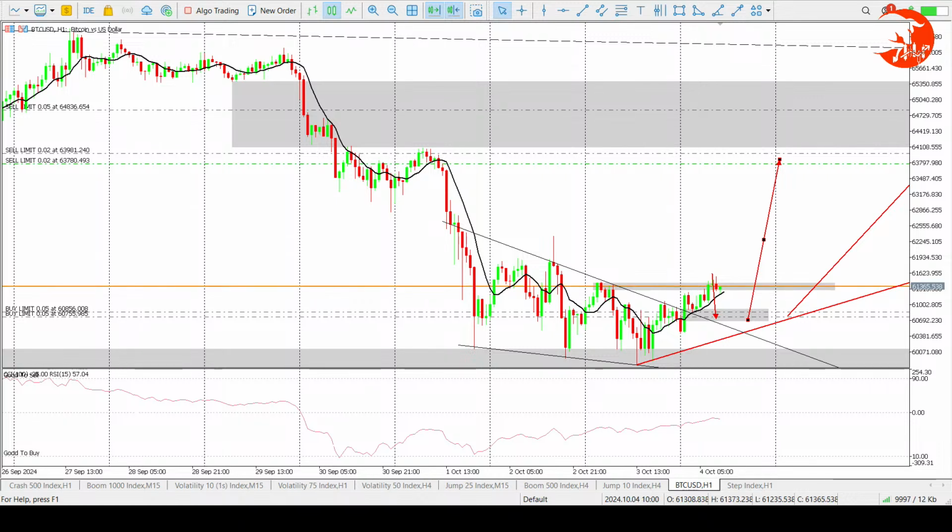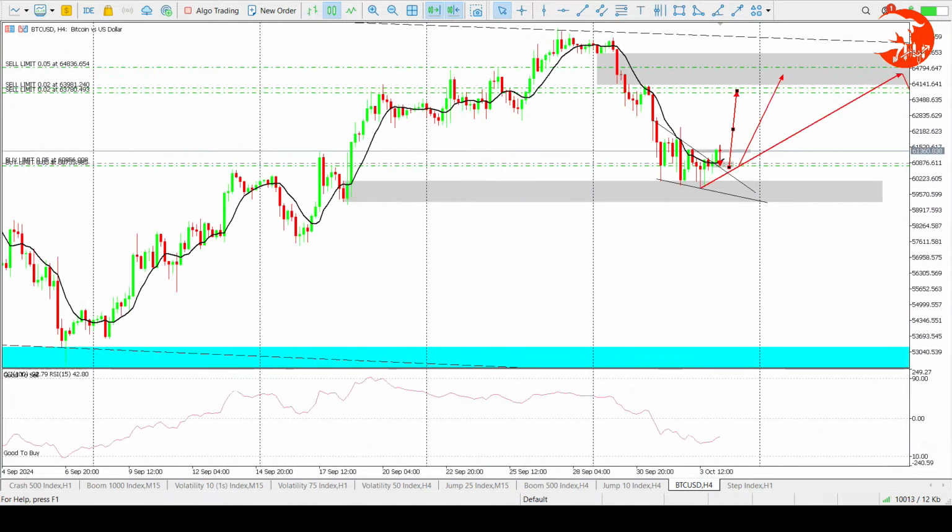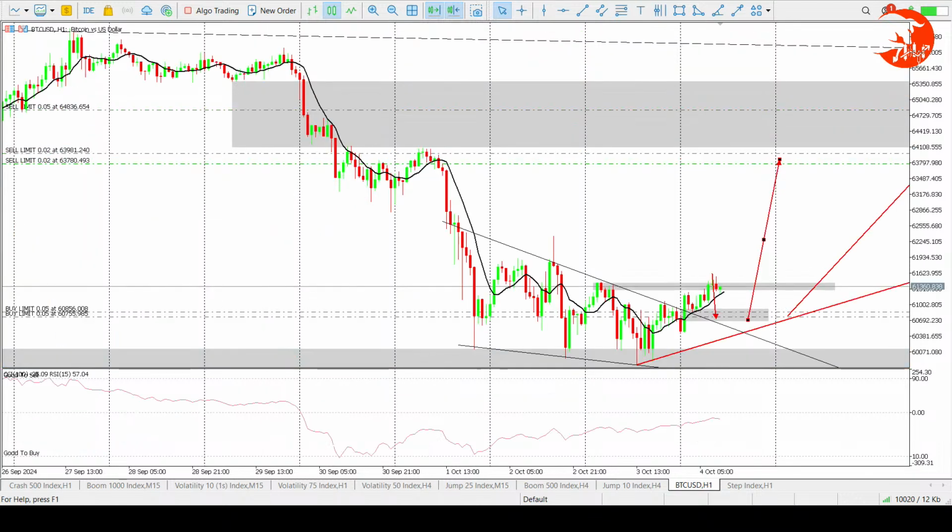But from where it is here, I can't enter until either it comes down below or it breaks and then retests. If it comes down, I'm anticipating it to come down to this level, because according to H4, that should be a retracement candle, and we are waiting for it to close at 3 so that we can start a new H4 candle.